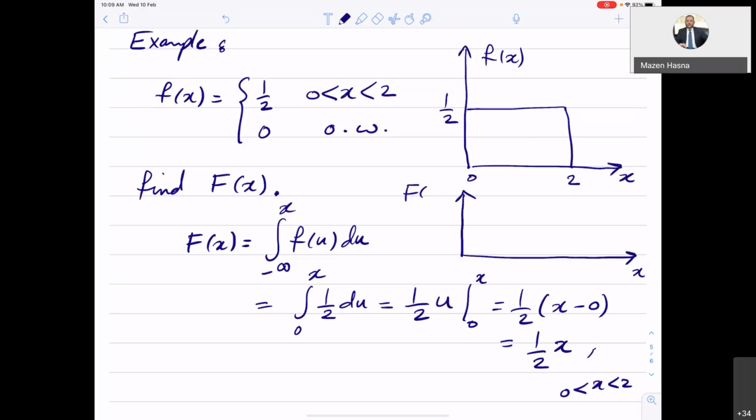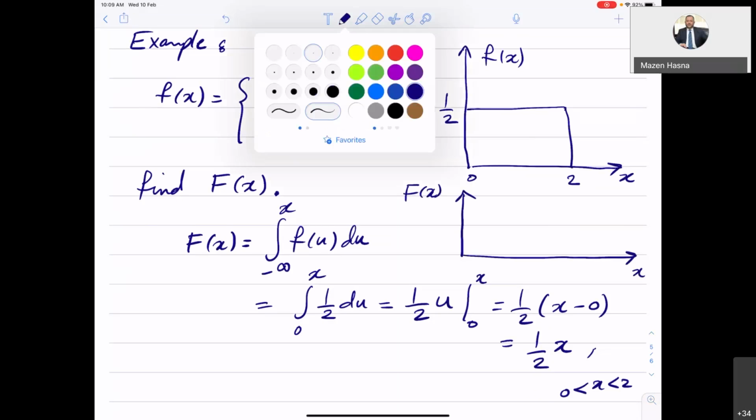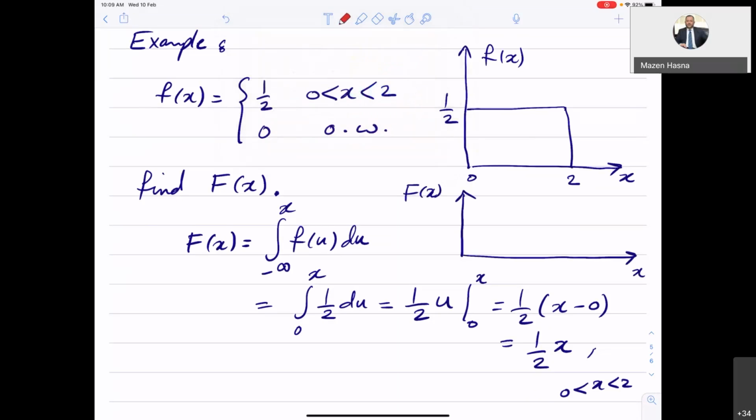So let's see, like we did in the discrete domain, let's try to plot this function. This is capital F of x. Before 0, there was nothing. Between 0 and 2, we know it's a line. Half of x is a function of a line. At 0, it is 0.